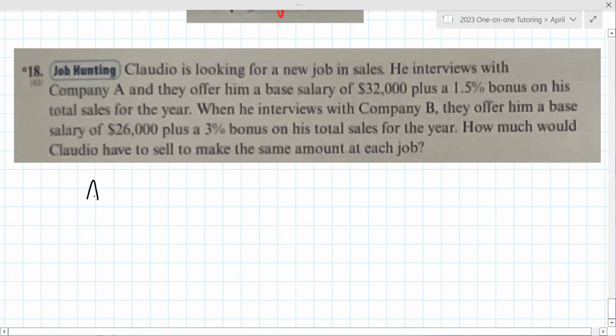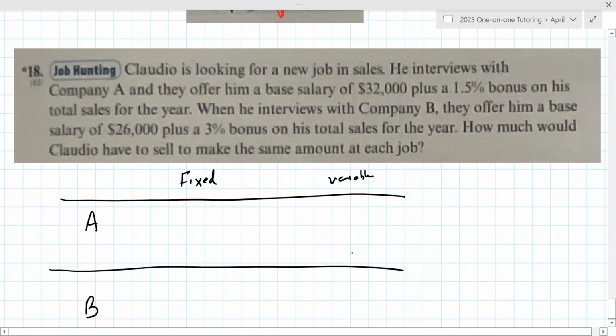All right, so your setup here is A and B. There's both some sort of a fixed and a variable part. Can you tell me what the fixed and variable part is for each one? The fixed for A is 32,000. Okay.